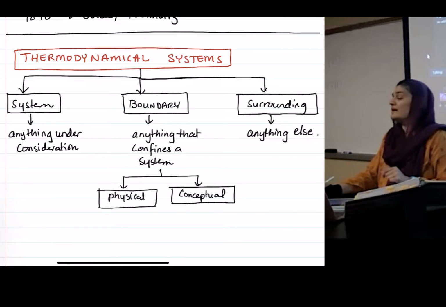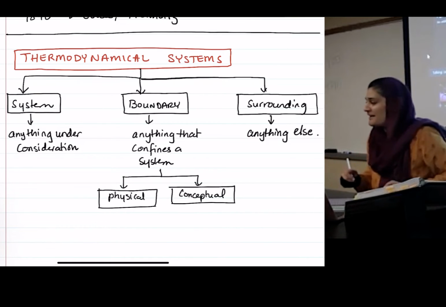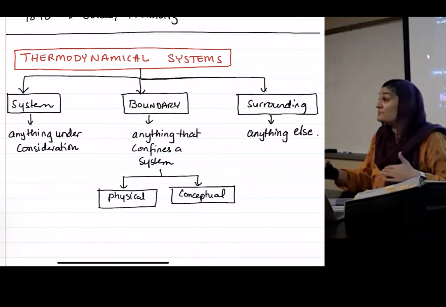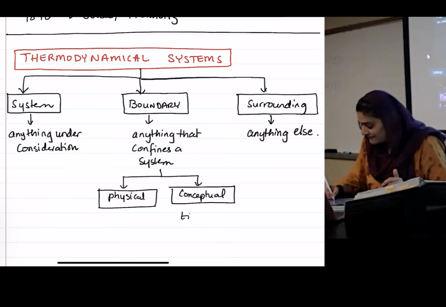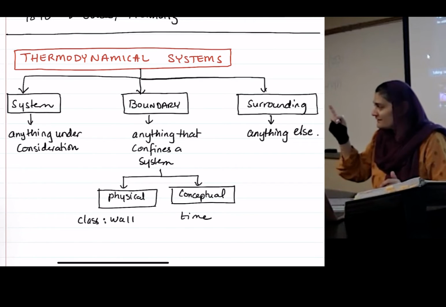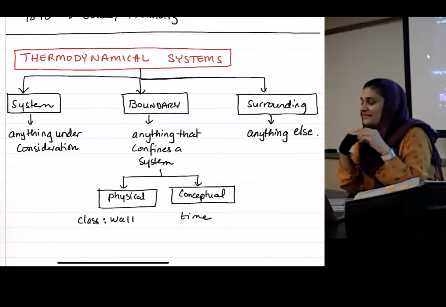We get credit. Yes. I will try to remember who said that. So the conceptual boundary could be time, right? And physical boundary could be wall if we're talking about a class. That was very good, I really like that.